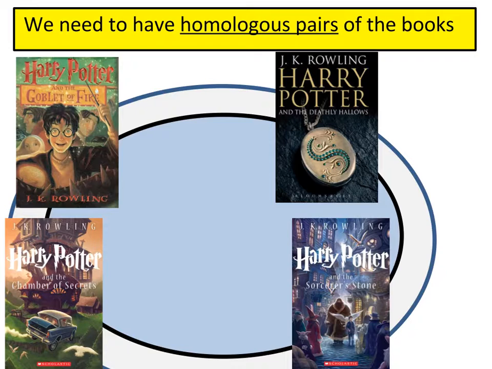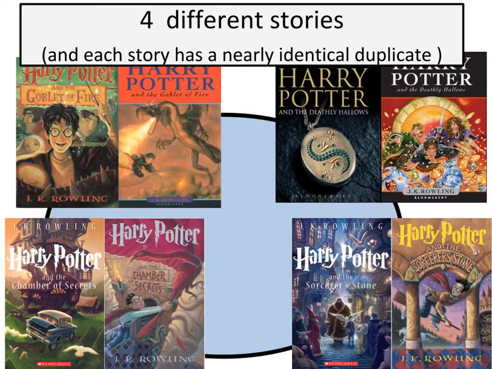What I thought of in my strongest moment of creativity is we just find different versions of each book. So as you can see here, we have the Goblet of Fire and the Goblet of Fire, the Deathly Hallows and the Deathly Hallows, Sorcerer's Stone, Sorcerer's Stone, Chamber of Secrets, apparently there's only 1 chamber with secrets in it.